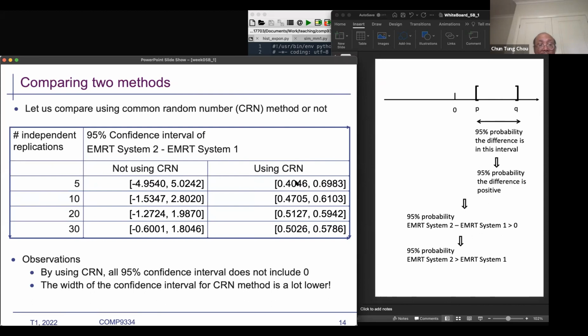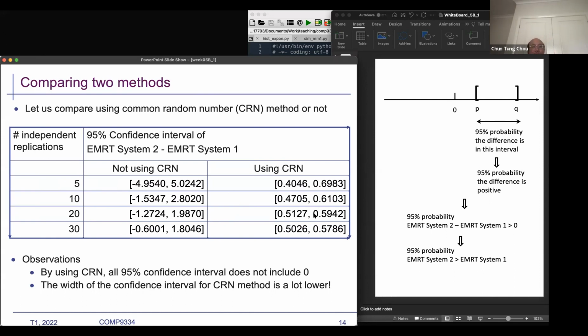Now, if you use 10 replications, you have seen this earlier, inconclusive here. But again, you see both the upper and lower limits of the confidence interval are positive. So again, it gives us a 95% confidence interval that system 1 is better.